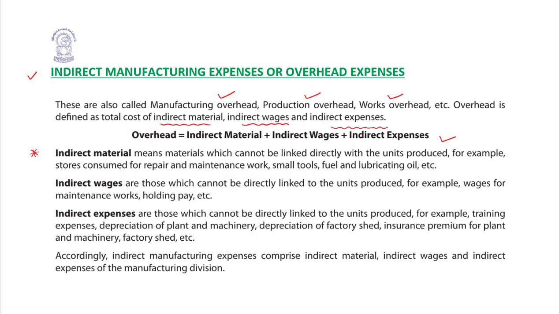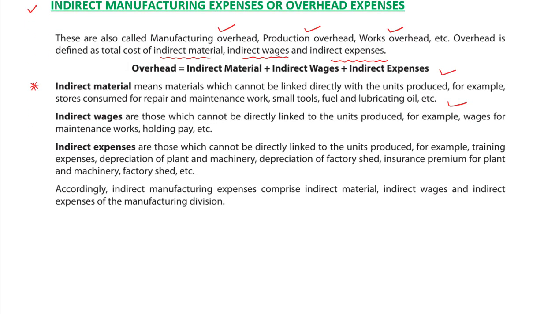Indirect material means material which cannot be linked directly with the units produced, for example stores consumed for repair and maintenance work, small tools, fuel, lubricating oil, etc. Indirect wages are those which cannot be directly linked to the units produced, for example wages for maintenance work, holiday pay, holding pay, etc. Third, indirect expenses.